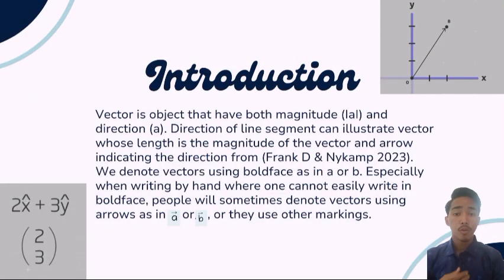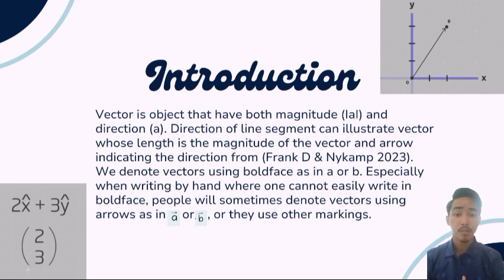So, before we dive deep into the application of vector, we need to know what is meant by vector. Vector is something that has both magnitude and direction. For example, the displacement, or the velocity of a car, like 25 kilometer per hour in a straight line.